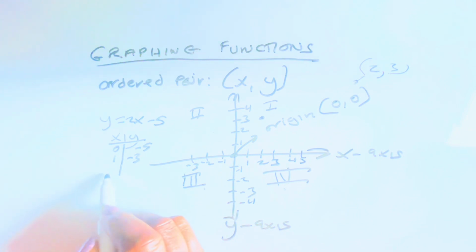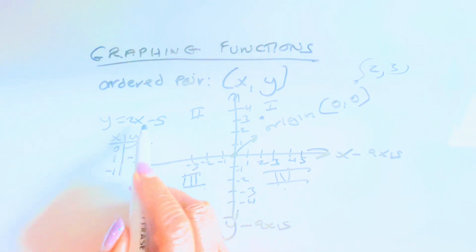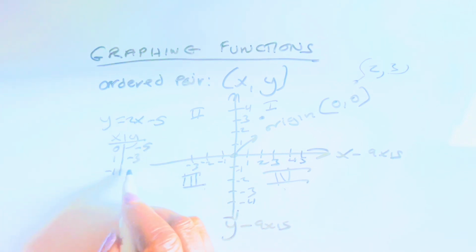If our x value is negative 1, and we plug it into this equation, then our y value will be negative 7. So then we go over here and identify 0, the first point, then look up and down on the y-axis to find negative 5. And negative 5 will be right there.